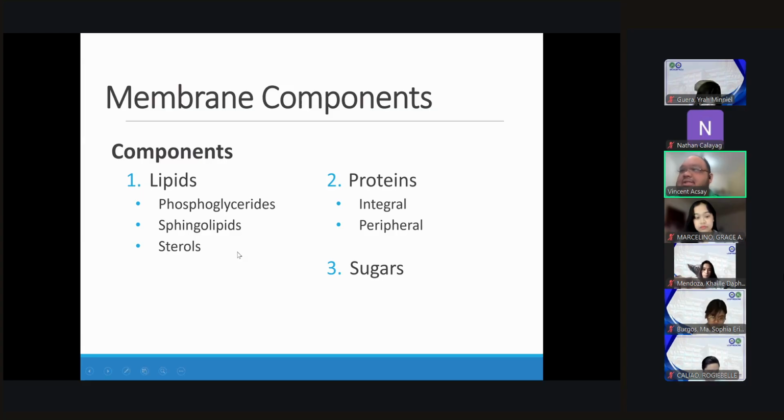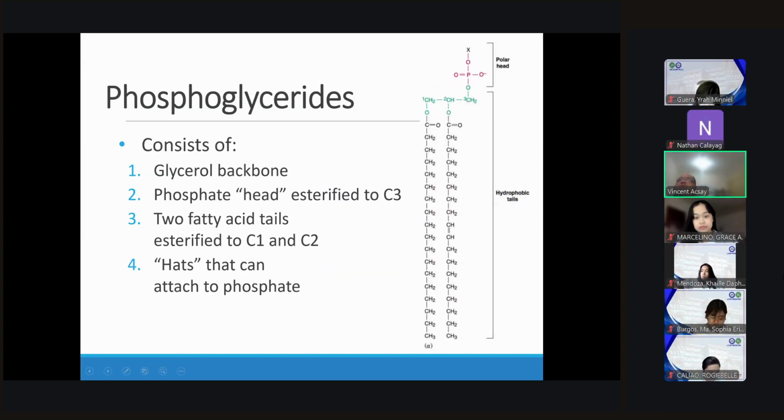So let's discuss phosphoglycerides. As the name implies, it's a phosphorylated glyceride, which consists first of the glycerol backbone you see here in green.